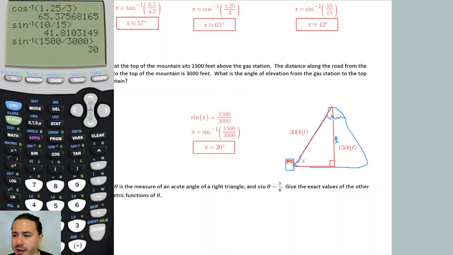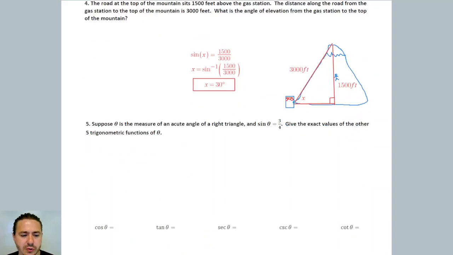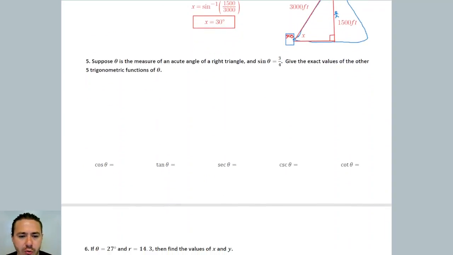Let's take a look at number 5. Let me hide the calculator so we can actually read it. So suppose that theta is the measure of an acute angle of a right triangle, and sine of theta is 3/4. So let's go ahead and sketch out this right triangle. It's probably just easier to sketch it.